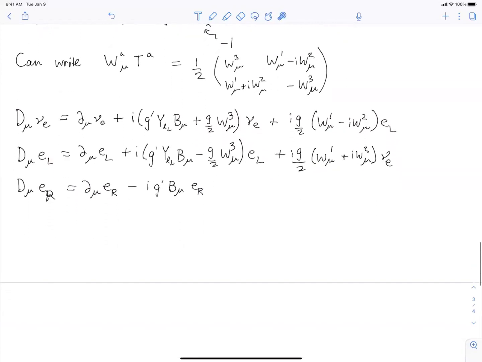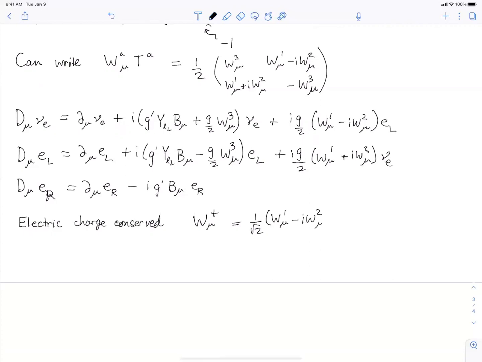Okay, so what we've learned is that electric charge will be conserved implies that the combination W mu, I'm going to write it like this, W mu plus, which is a normalized linear combination. The 1 over square root of 2 is just to get the normalization right.